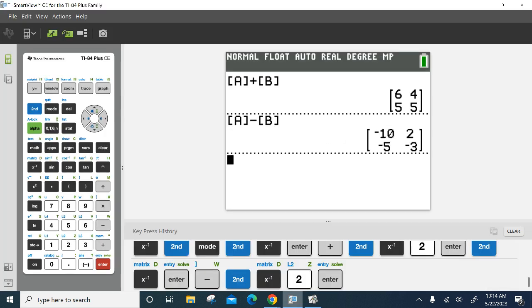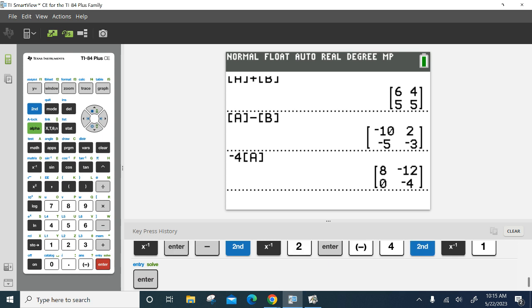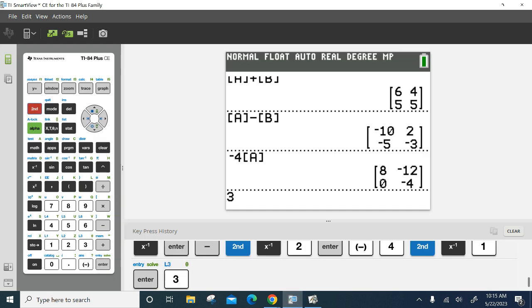So now I do just type in -4 and put matrix A next to it. Again, I think you guys could probably do it by hand a little quicker, but maybe not something like D, 3A.